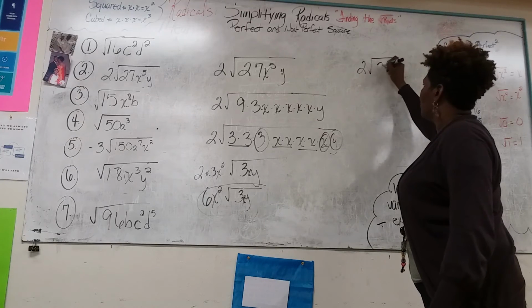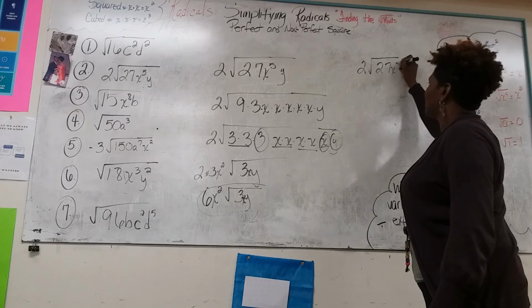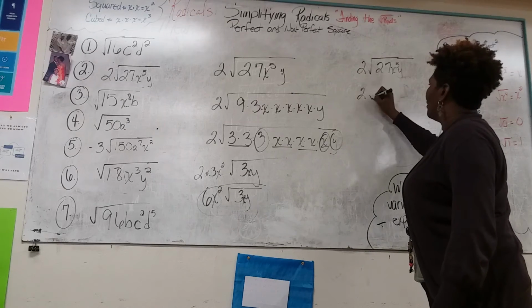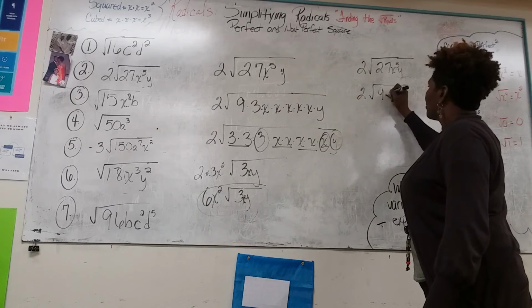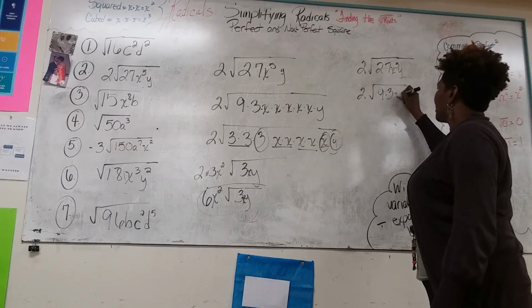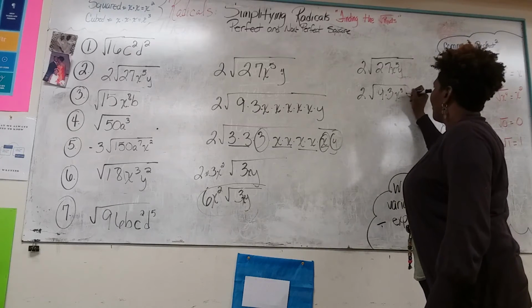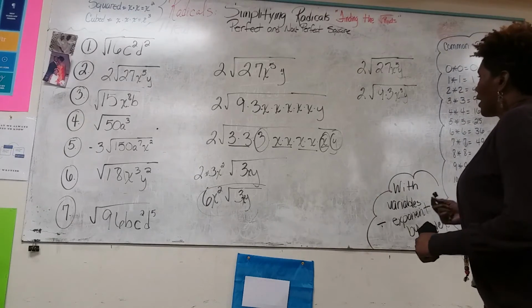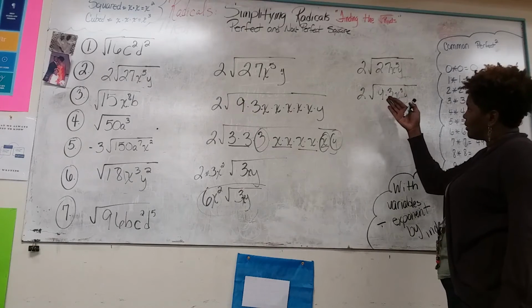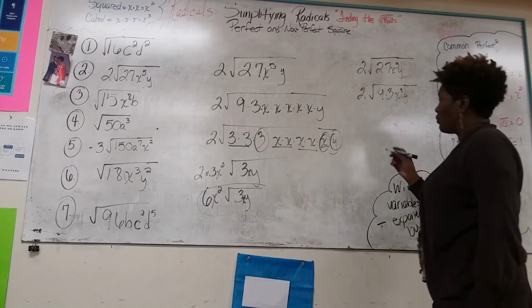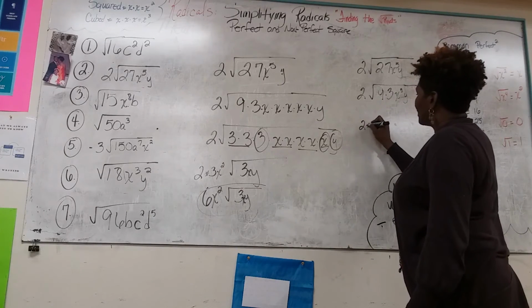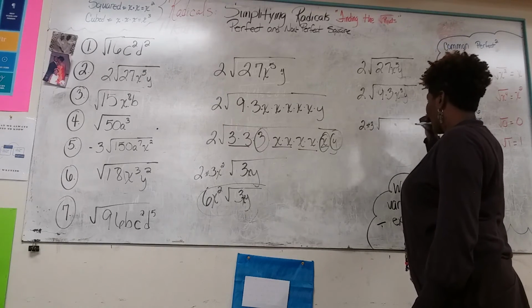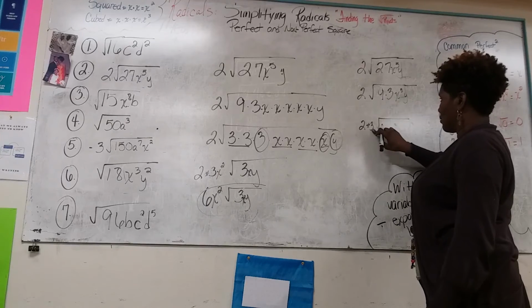2 square root 27x to the 5th y. Okay? I know that 27 is really 9 times 3 x to the 5th y. I know that the square root of 9 is really 3. So I have 2 times 3. Square root of 9 is 3.